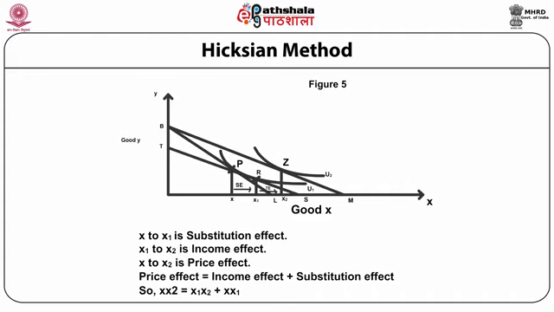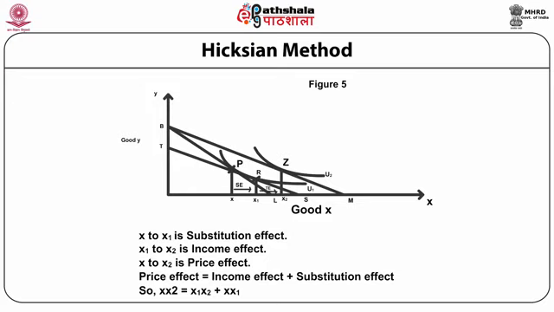Now we draw another budget line, TS, which is parallel to the new budget line BM, and which shows that an equal amount of income is taken away from the consumer, or the amount equal to the increase in the real income.